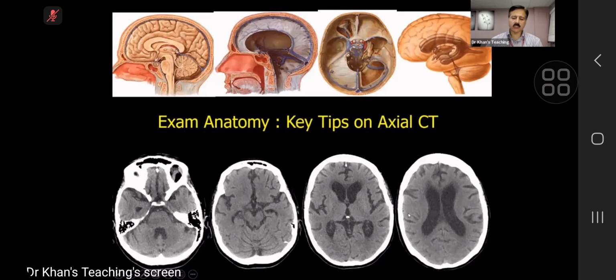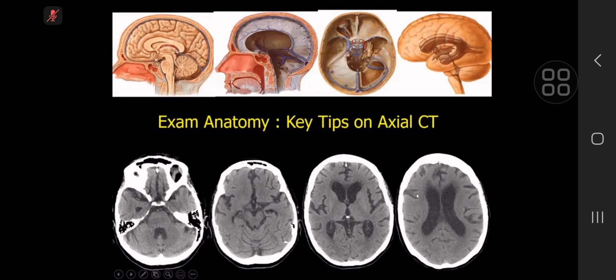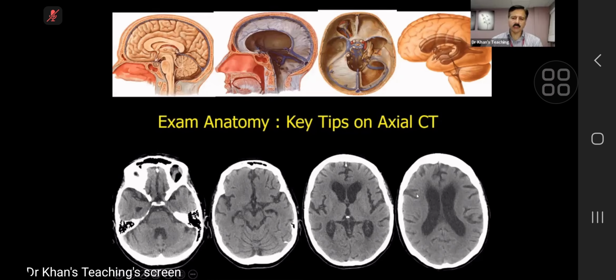You might have some subarachnoid hemorrhage sitting at the last slice, and you will miss it. And you compare the CSF spaces right and left. That's the key for the exam. You might miss a subdural hematoma, which is sitting up at the vertex. More inferiorly, there are names to what we call the basal cisterns, and this is the sylvian fissure.